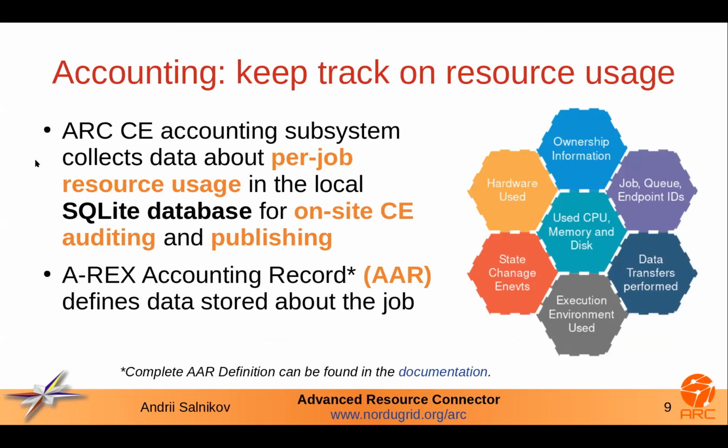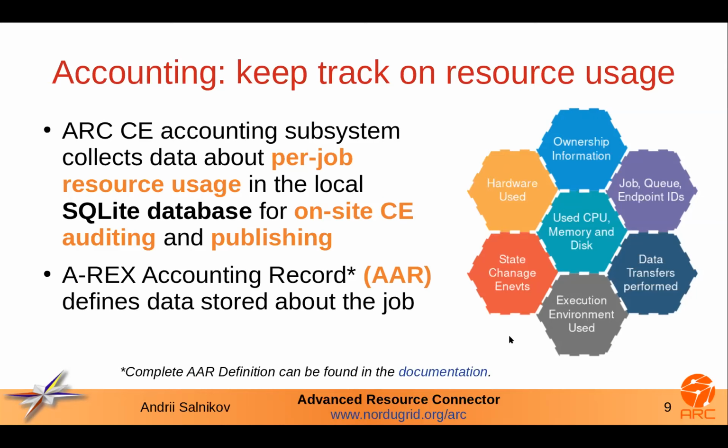You can find the complete definition in the documentation, but in general it is resources, but apart from the resources, it is the ownership, the hardware that is used, the execution environment, including the runtime environment that was requested and executed, and of course all the identifiers that we can find about the job: global, LRMS identifier, the queue, the endpoint that was used. So any kind of such identity information is also there.